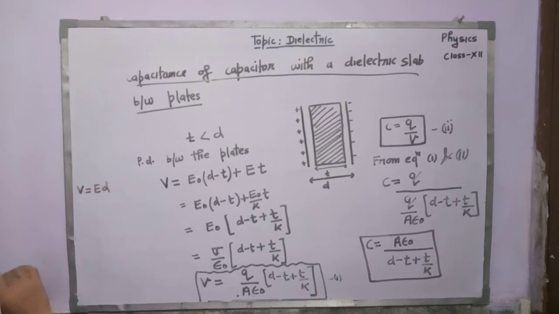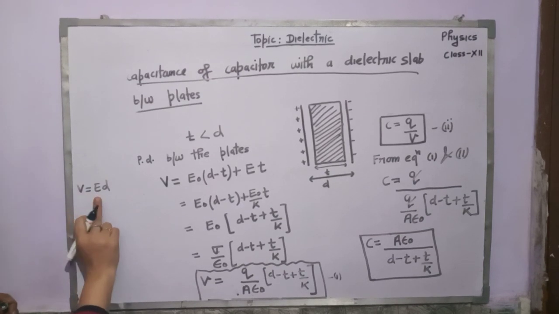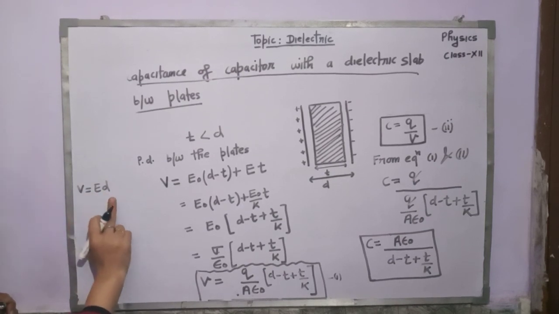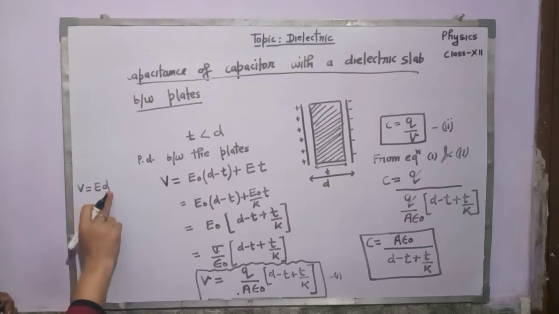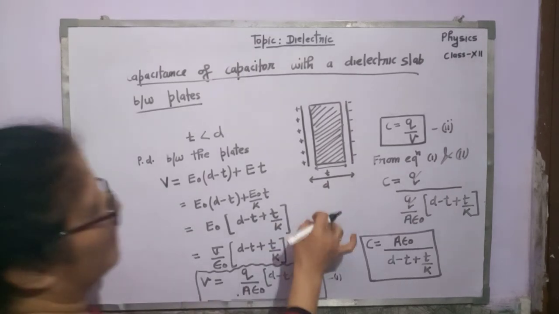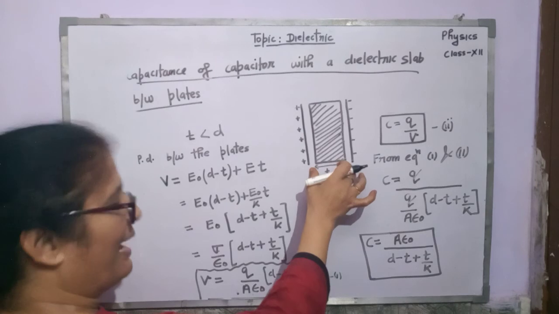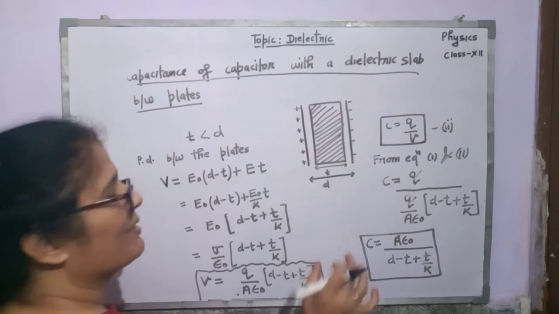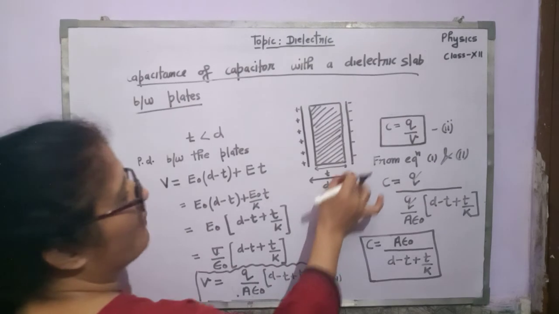If E is in the air, then d should be in the air. If E is in the dielectric, then the value of d should be taken which is in the dielectric. Here the d previously is in air and t thickness is in dielectric. Then what is the thickness which is in air? That is equal to d minus t.